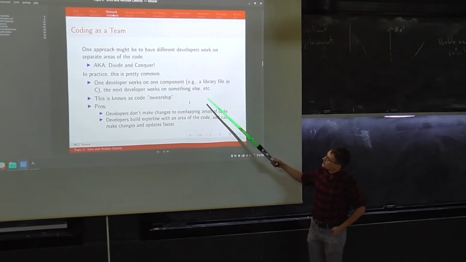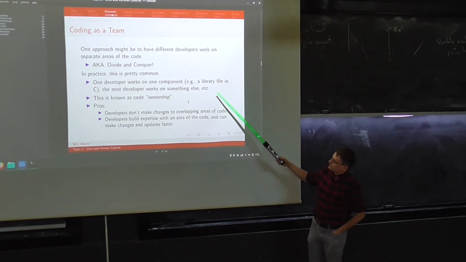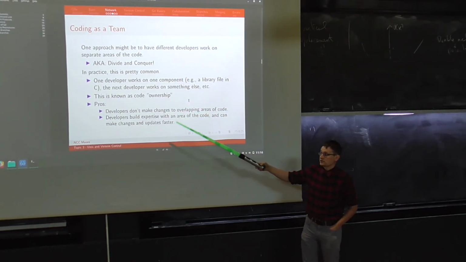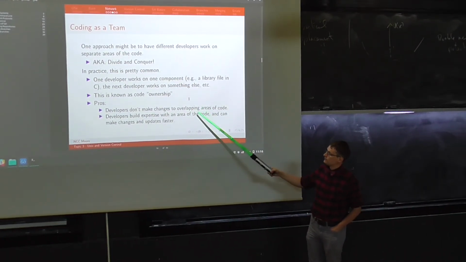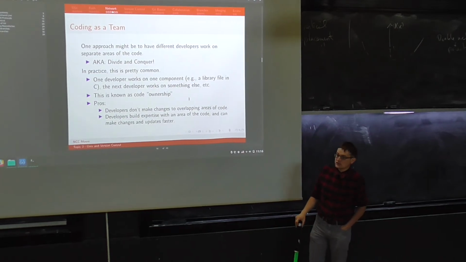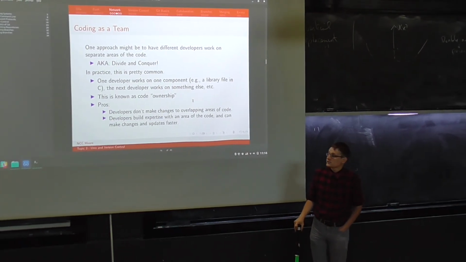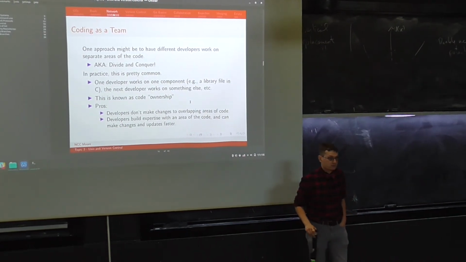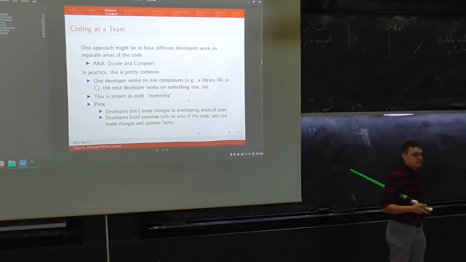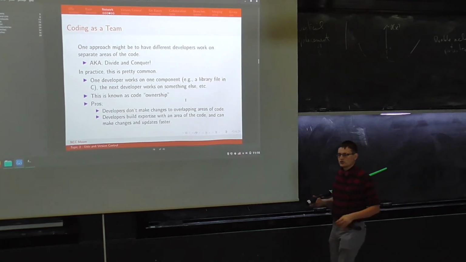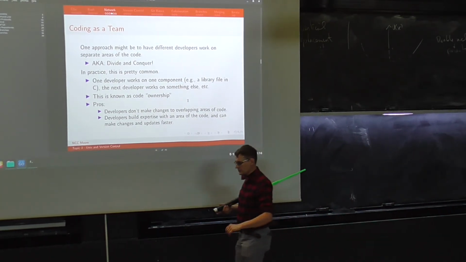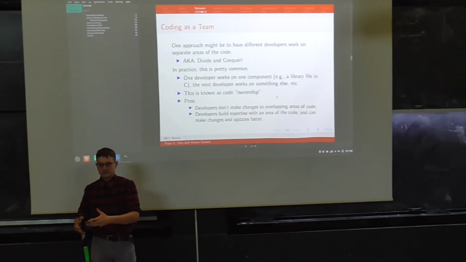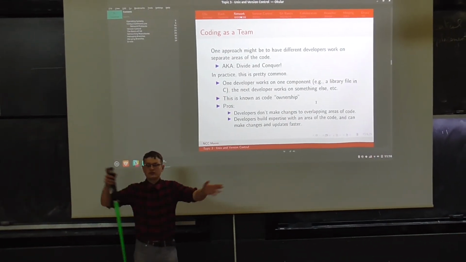This is a pretty good one. This is known as code ownership. This strategy has pros. Developers, so long as they're staying in their lanes, don't make changes to overlapping areas of the code. So long as your program is well designed, with a strictly and rigidly agreed upon and defined series of interfaces between these classes, everything works out.